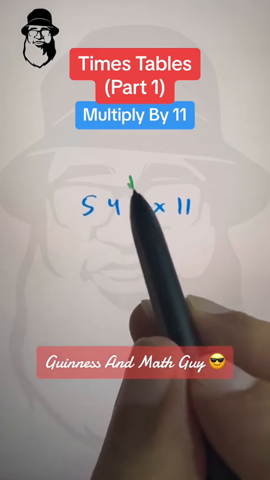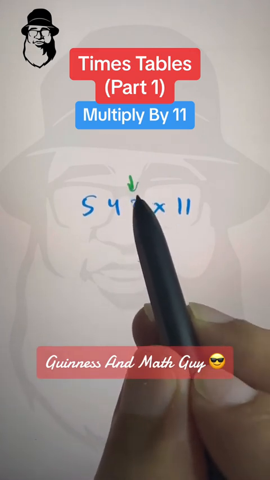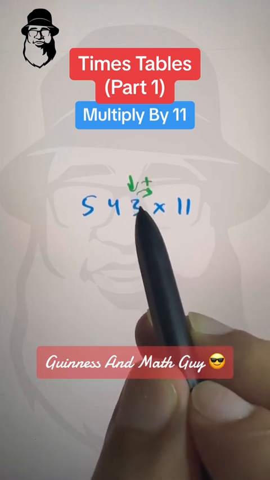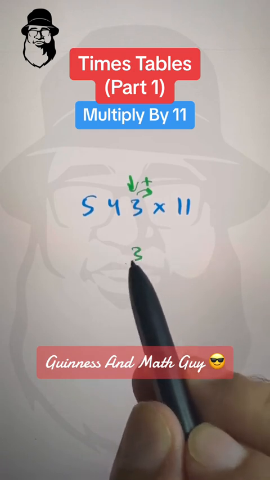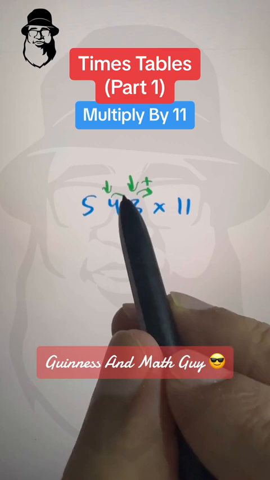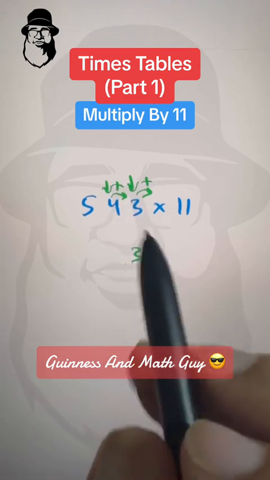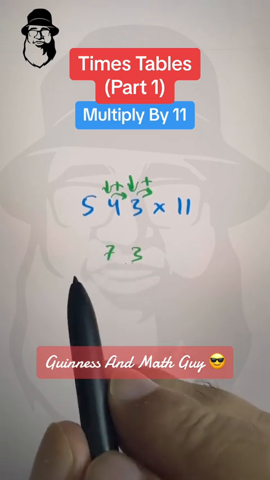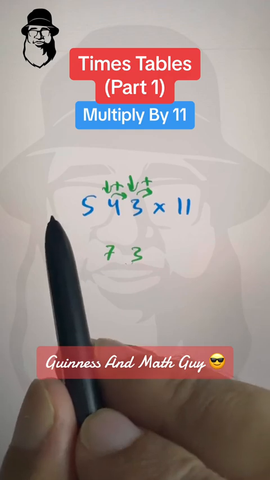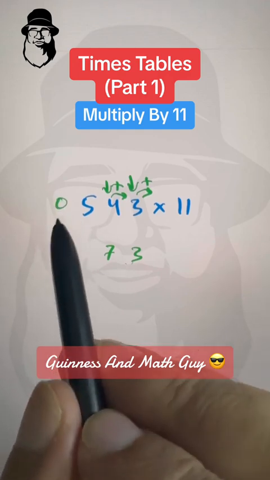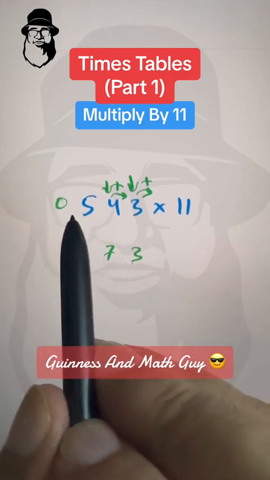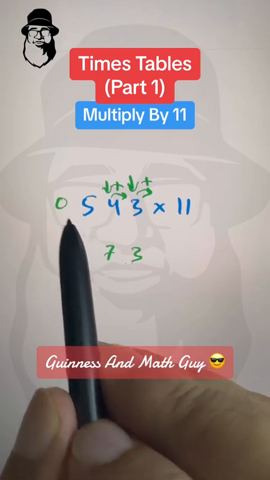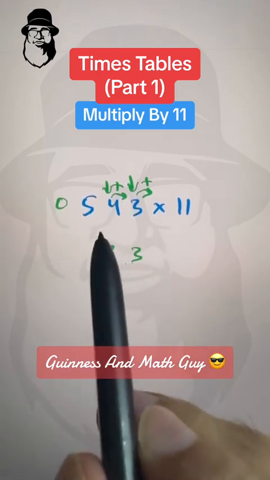When we are at this number 3, adding the neighbor, there is nothing on the right, so 3 plus nothing is still 3. Then at 4, add the neighbor, 4 plus 3 is 7. Before that, I should tell you that in our mind or physically we can put 0 on the left side of the multiplicand, and I'll show you in a bit how this benefits our rule.